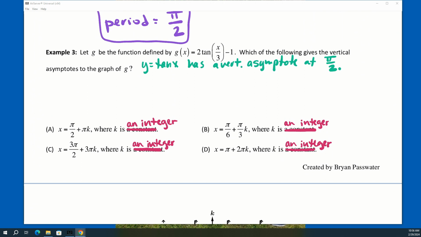So it could be shifted, it could be dilated around. And what changes that is this part right here. Anything that's in the parentheses. So what we're going to do, and we did something similar to this, is we're going to take x over 3, and we're going to set it equal to pi over 2. And that's going to give us our new vertical asymptote.